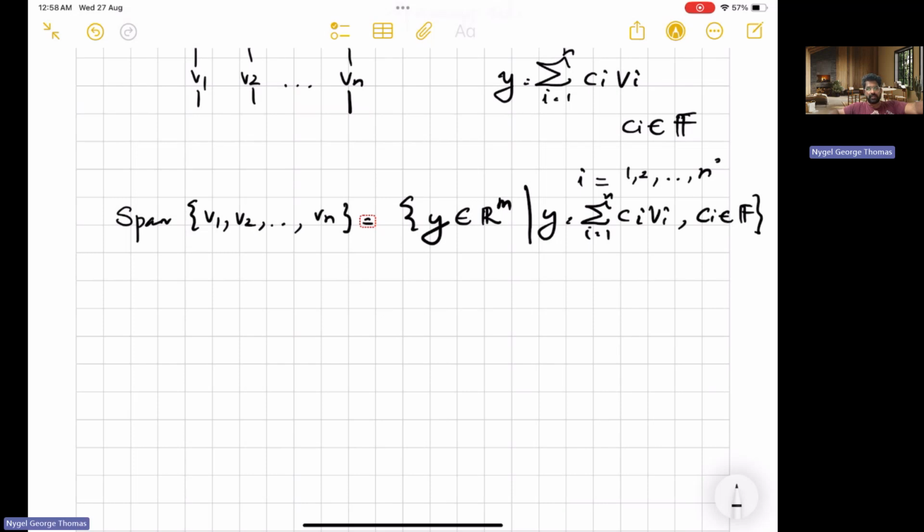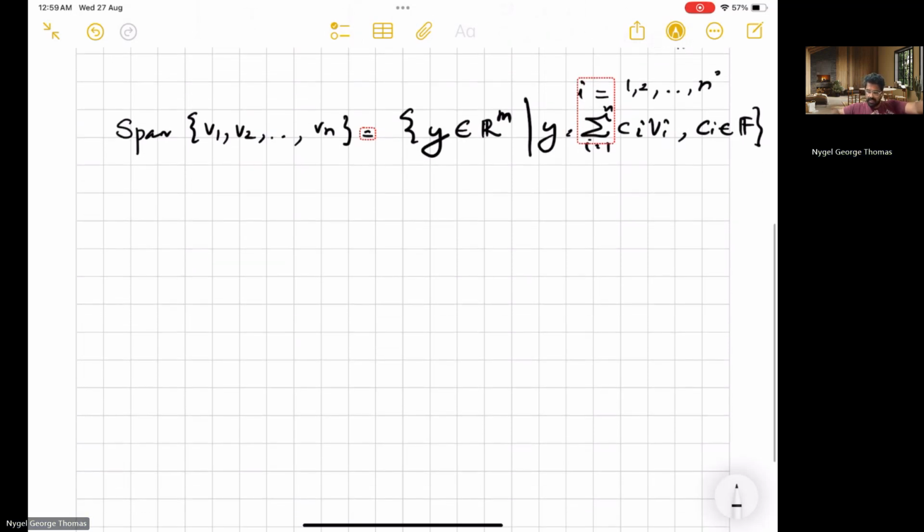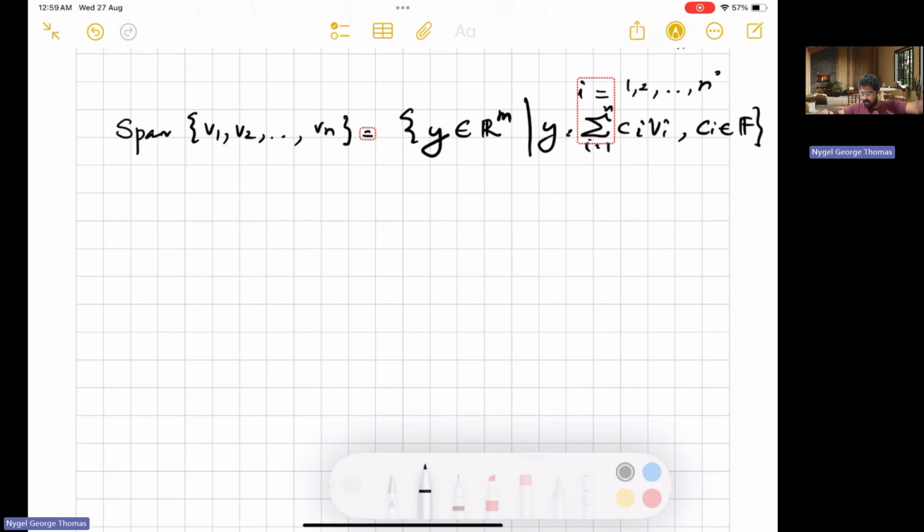This is the definition of span of a set of vectors. These vectors are called a spanning set.